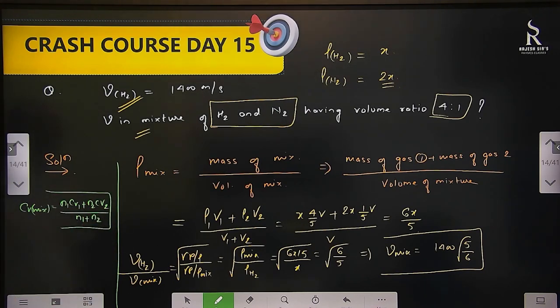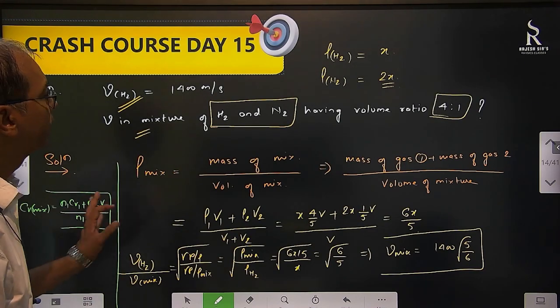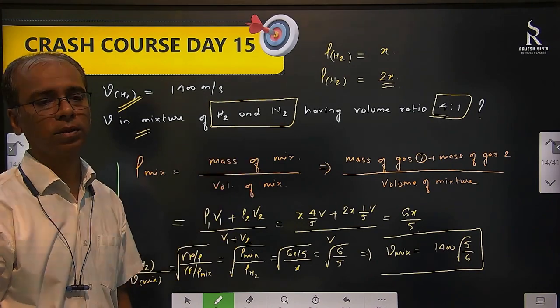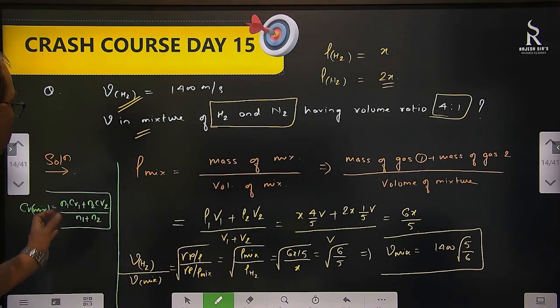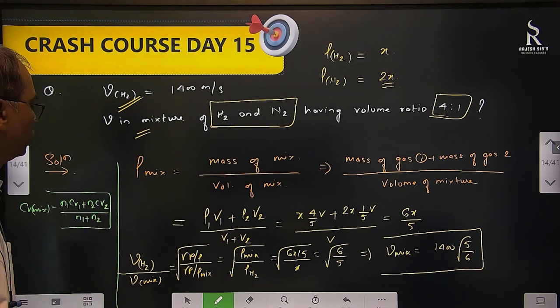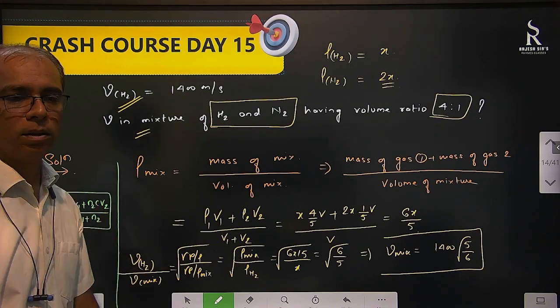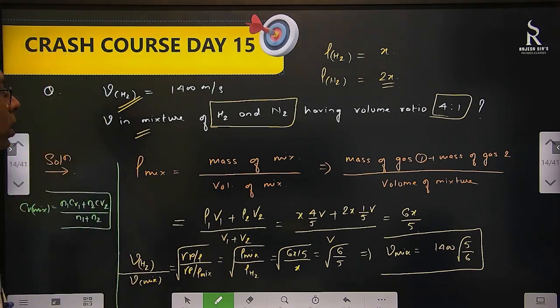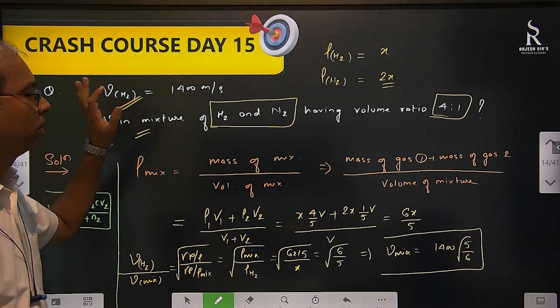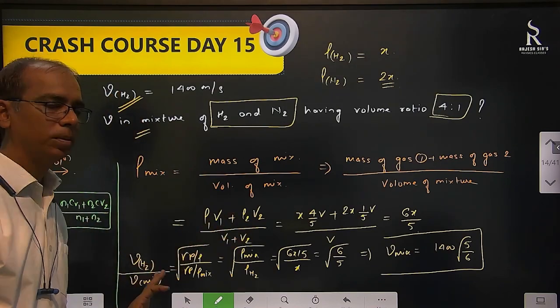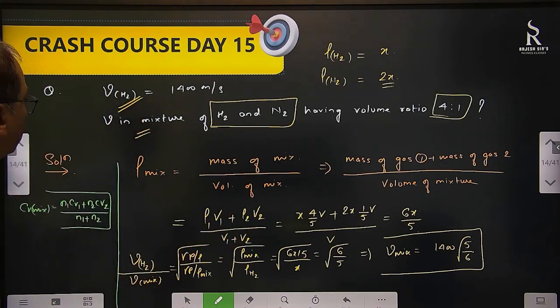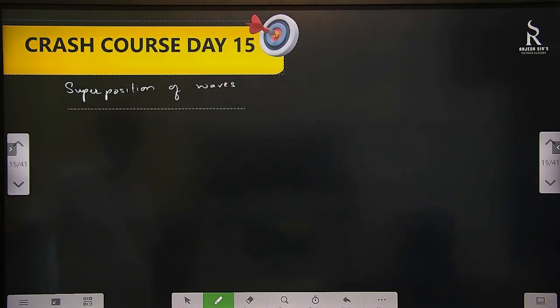So accordingly they will give the information about moles also, here they have not given in that way, and then we can calculate CV. So here because both are diatomic, we didn't calculate gamma. Gamma gets cancelled automatically. Okay, let's move.